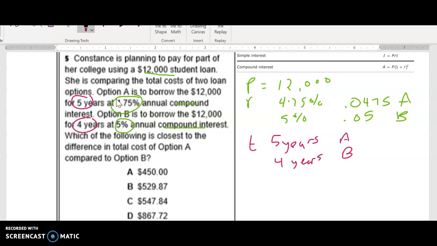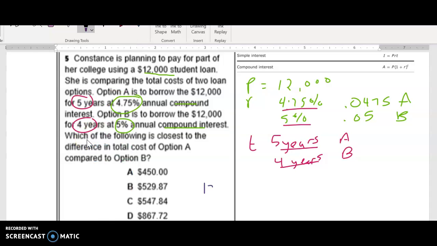And this is quite common where it's low interest longer, high interest shorter, and that's what we're going to have to compare. So we are going to do this.